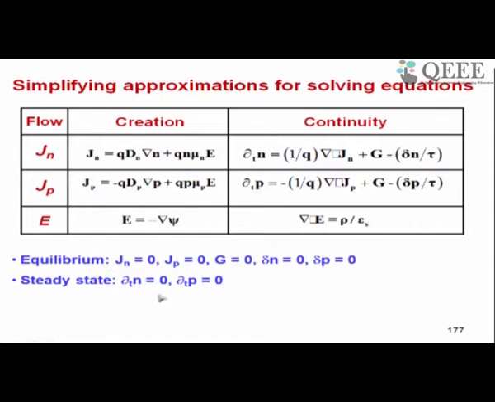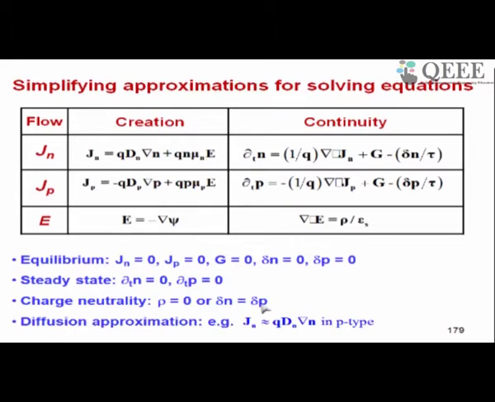Steady state, in this situation, these two left hand side terms will become 0. Okay, dou n by dou t and dou p by dou t. There will be no variation of quantities with time. So that is how the situation gets simplified. Charge neutrality. Suppose some region is charge neutral, it means the space charge rho is 0. Okay, and delta n is equal to delta p.